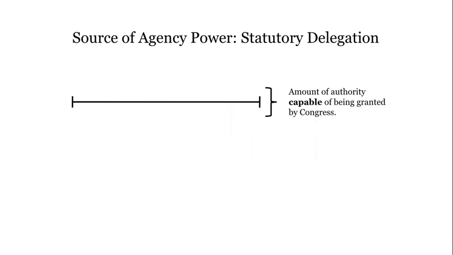Congress says, no, we're going to delegate that implementation to experts in the Article 2 executive agencies. And we can create these agencies like the Internal Revenue Service or the Environmental Protection Agency.